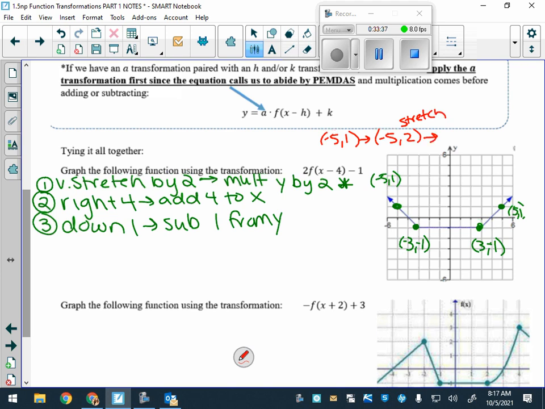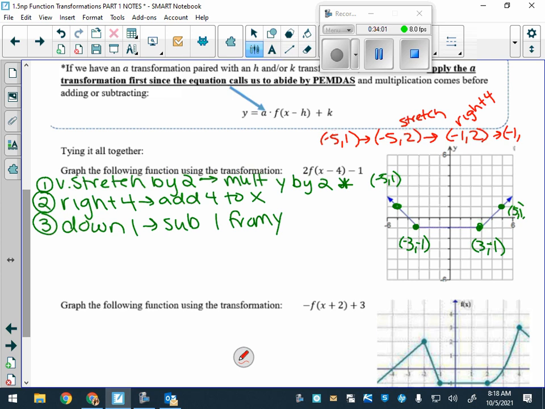okay, then I have to move to the right. So -5 plus 4 is what? -1. Okay, so that's right 4. So -1 stays the same.